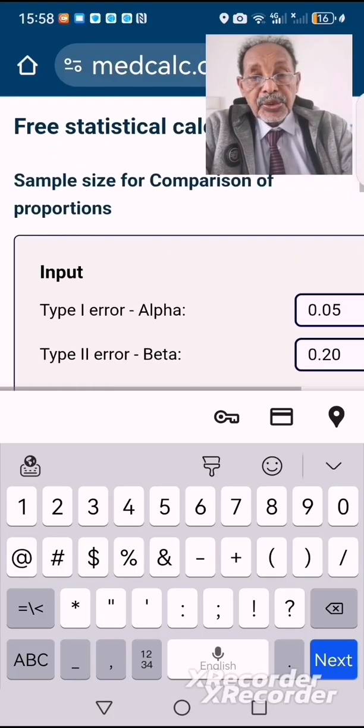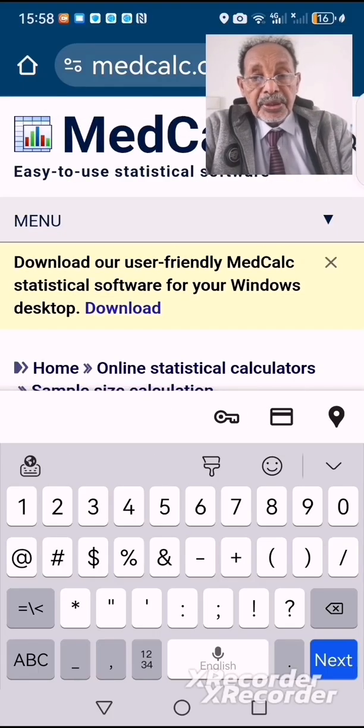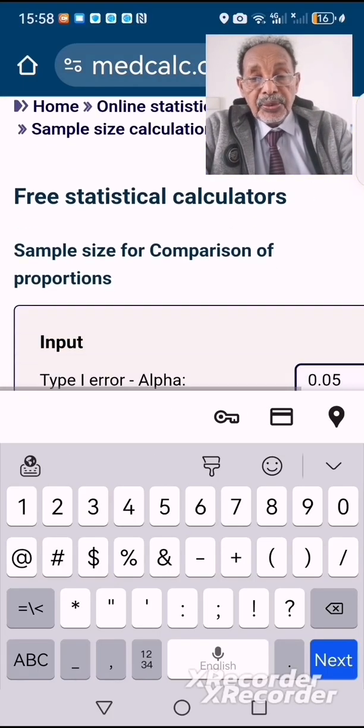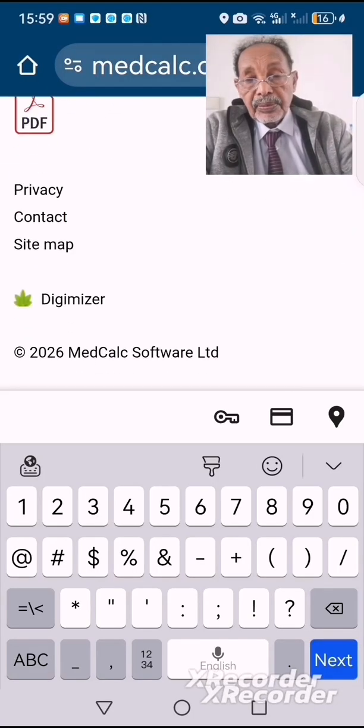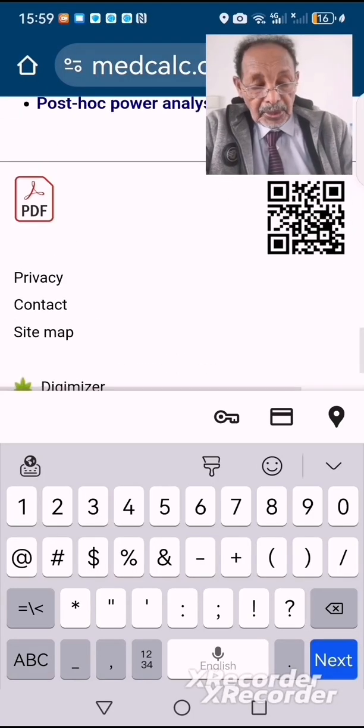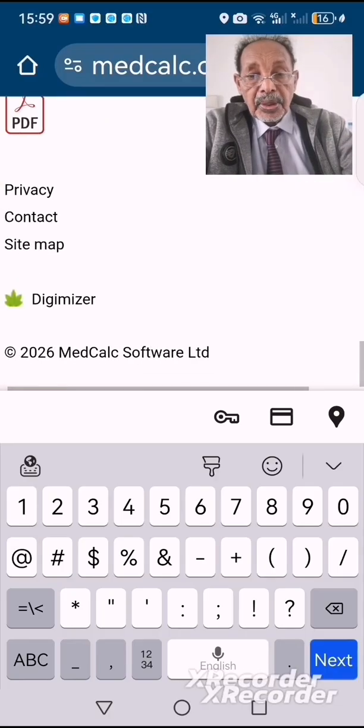No, we are using the wrong calculation. Here we should calculate for estimates. Anyhow, here, you can go back.